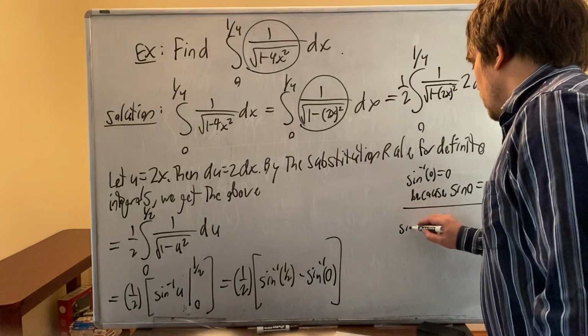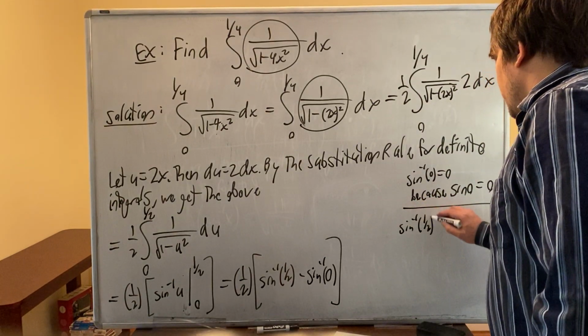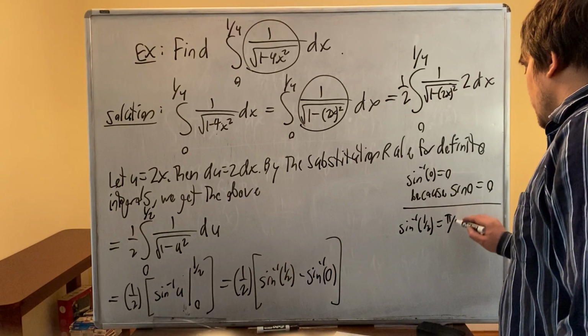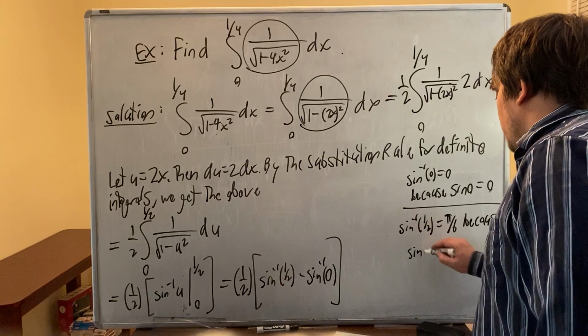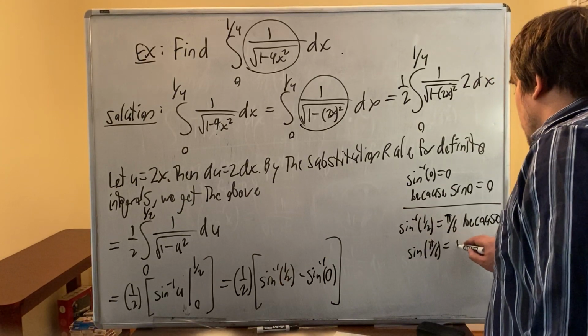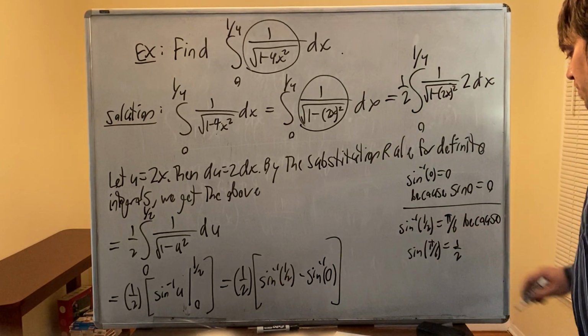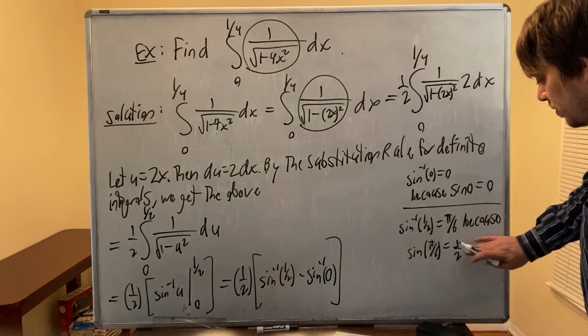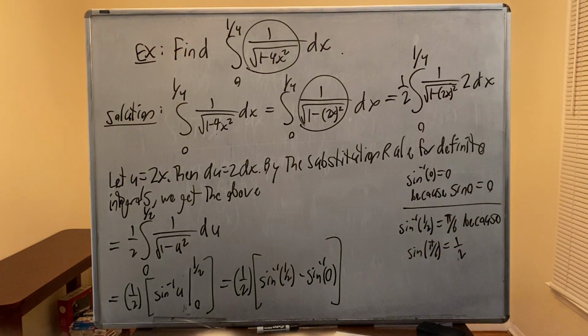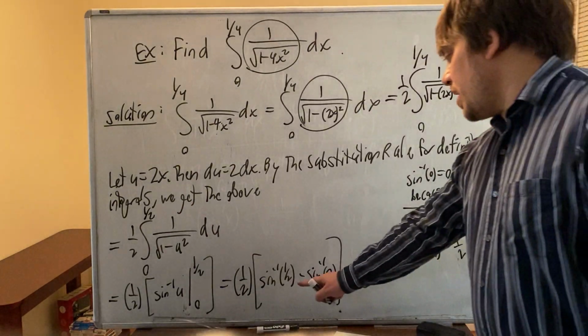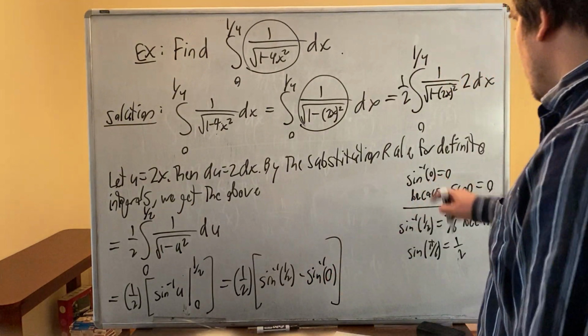Sine inverse of 1/2 is equal to pi over 6 again, because sine of pi over 6 radians is 1/2. So sine maps pi over 6 to 1/2. So sine inverse maps 1/2 to pi over 6. So sine inverse of 1/2 is pi over 6, and sine inverse of 0 is 0.